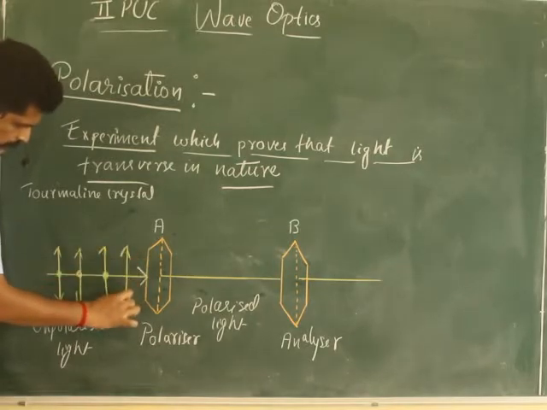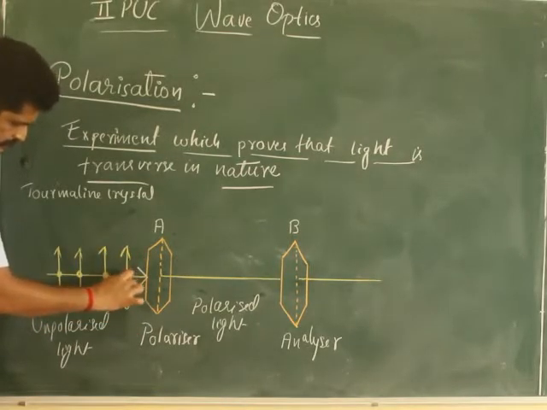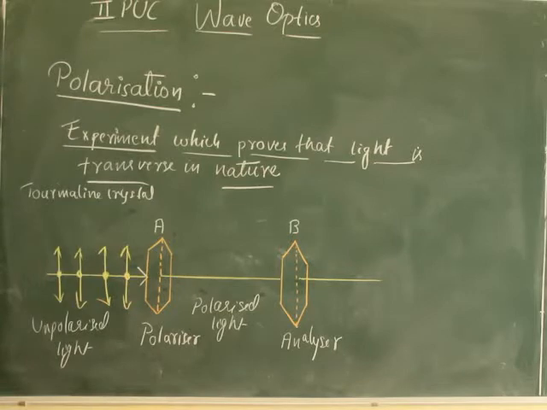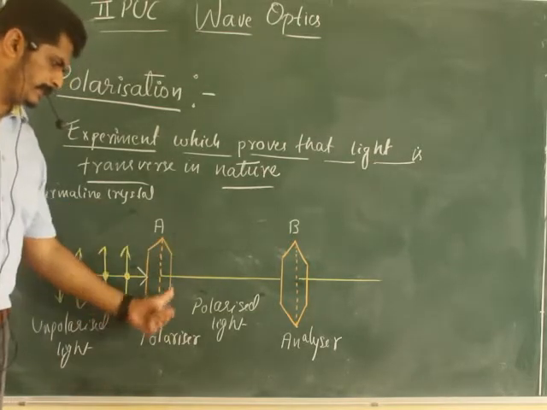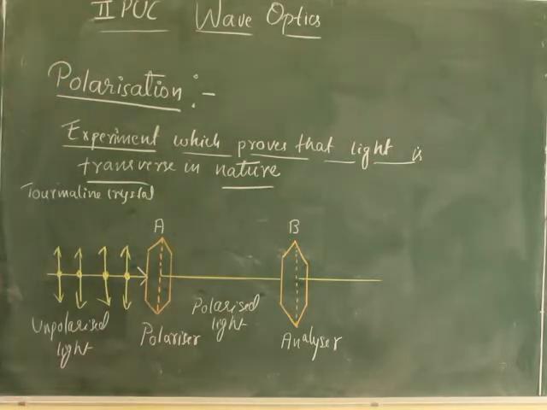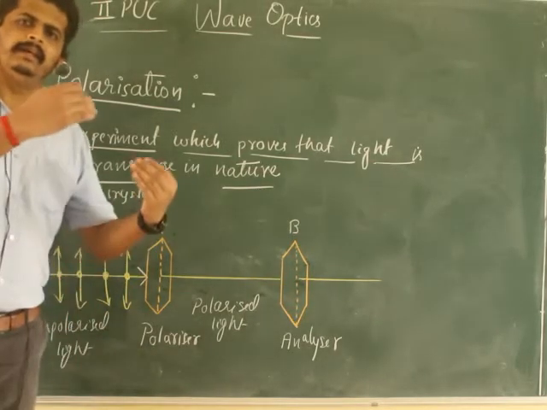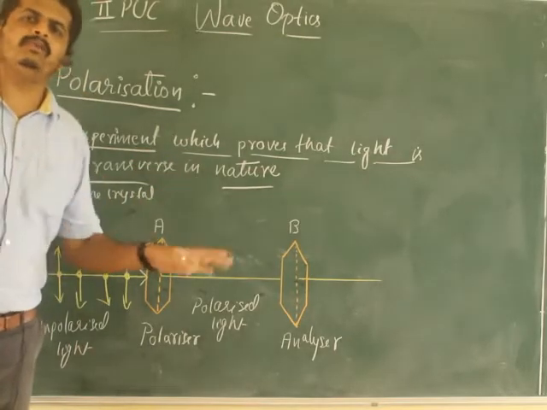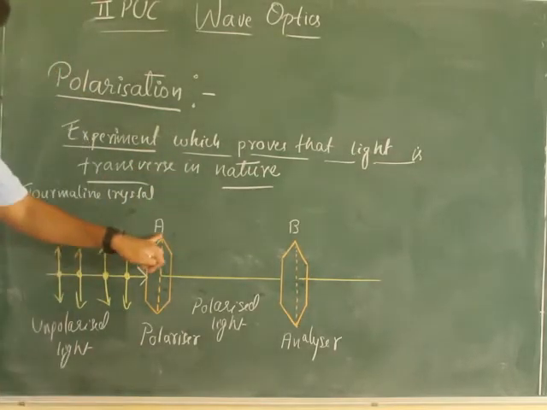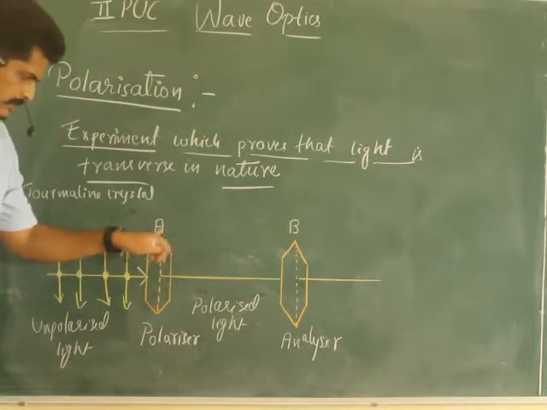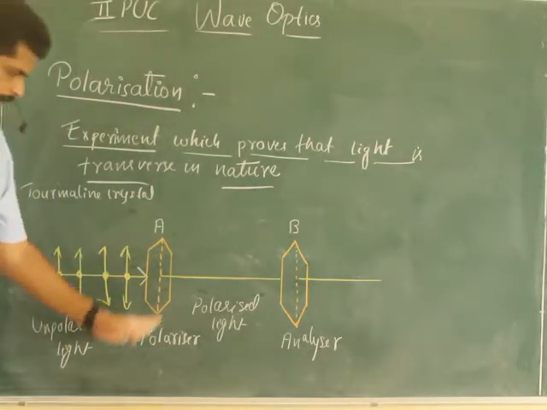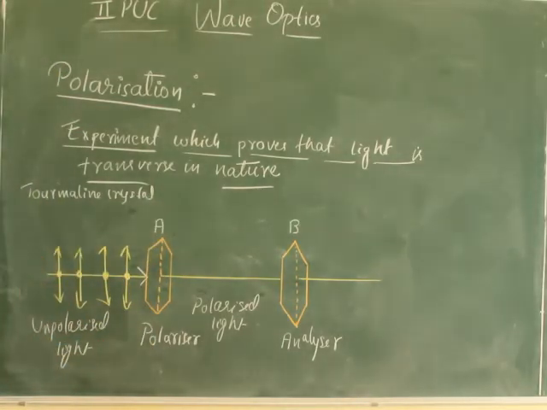So the unpolarized light received from a monochromatic source is incident on the polarizer, the crystal called tourmaline crystal. What happens, this tourmaline crystal will restrict the horizontal vibration here. You can see the axis of polarization I have shown you, dotted line, straight. That means only through this axis light passes. What about the Z direction vibration?